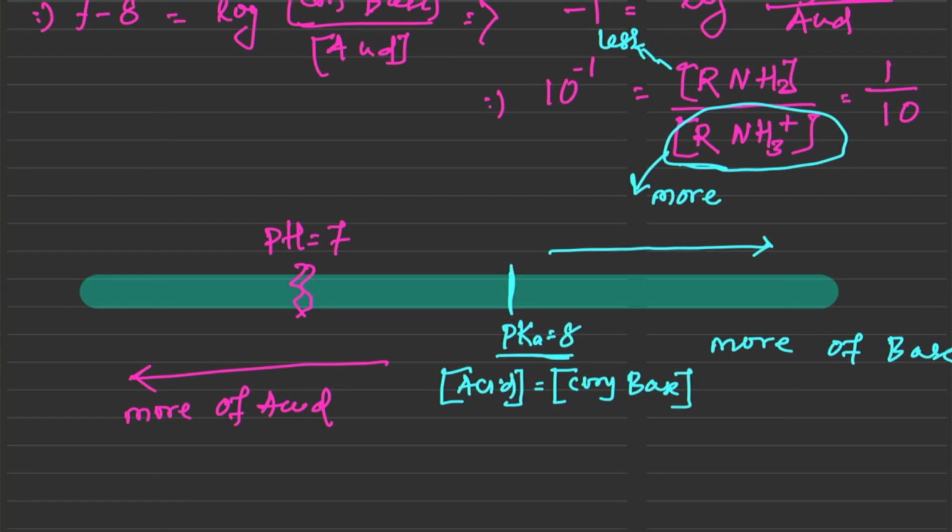Any pH higher than 8, you're going to get more of the conjugate base. Any pH lower than this, you're going to get more of acid. So mathematically we proved that when your pH is higher than your pKa value, you're going to get more of conjugate base.